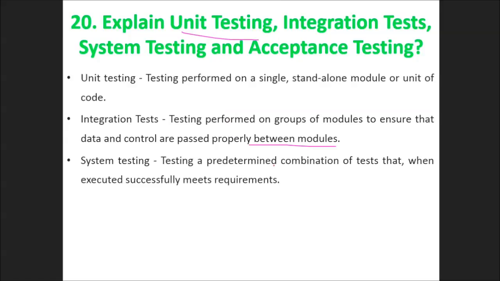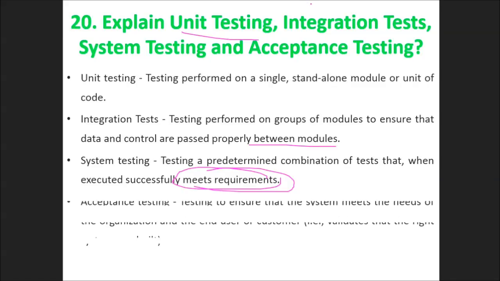System testing is a predetermined combination of tests that when executed successfully meet the requirements. This is the system test, because you are making a system for certain requirements, and if these requirements are met, that means you are doing system testing on that.